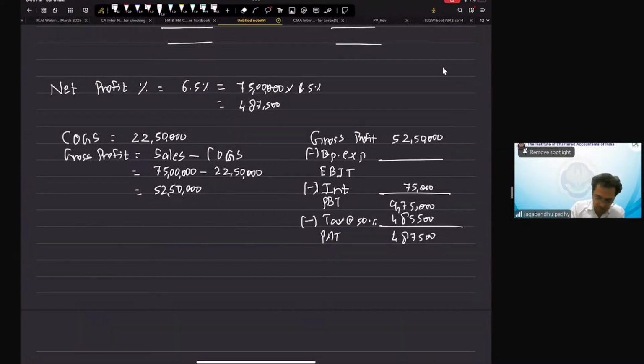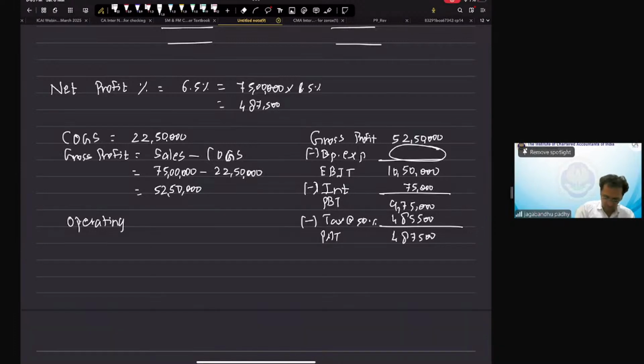Do the reverse calculation, right? Because from EBIT you would have subtracted interest, which gives you PBT. So doing the reverse calculation, EBIT is 10 lakh 50,000.